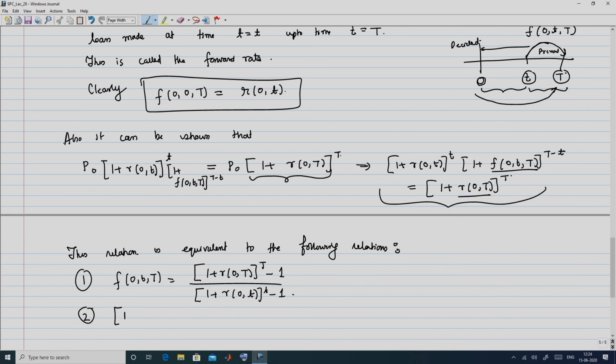So, this you can solve to be 1 + r(0, T). So, we take the 1 over capital Tth root on both sides. So, this becomes (1 + r(0, t)), this term here, raised to t over capital T, into (1 + f(0, t, T)) again raised to (capital T minus small t) over capital T.